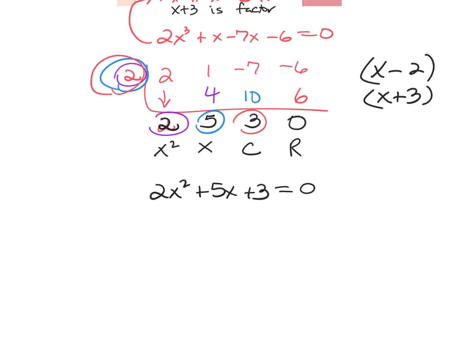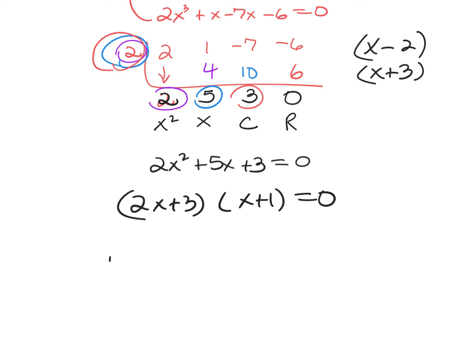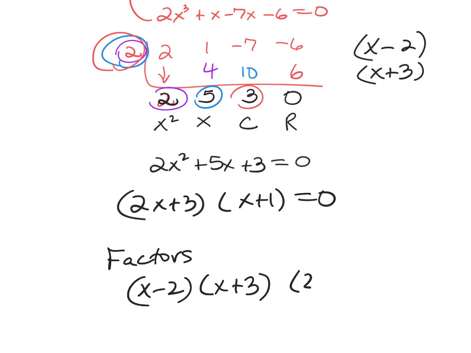So let's factor this. It's actually factorable. It'll factor into 2x plus 3 and x plus 1. So if it asks you to list the factors of that polynomial, it'll be x minus 2, x plus 3, 2x plus 3, and x plus 1.